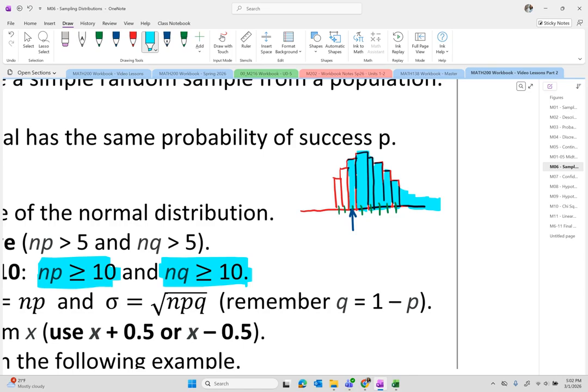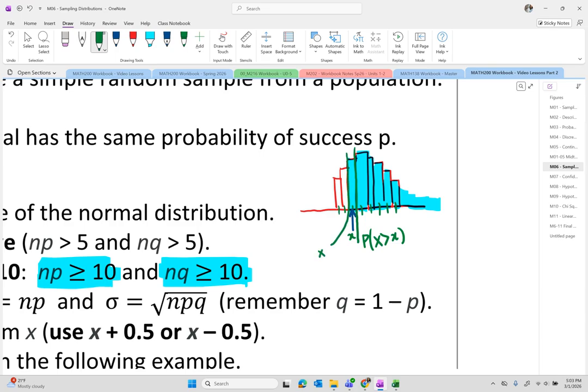For the normal distribution, the best approximation would be to either go half a point above, to the border of the rectangle on the right, or half a point below, and then start calculating probabilities. In the case of the probability of x greater than this little value of x, I will want to go half a point above. If I wanted to calculate the probability of x being greater than or equal to this little value of x, I would have to go here, which is half a point below.